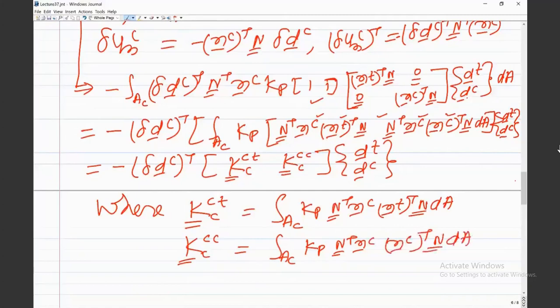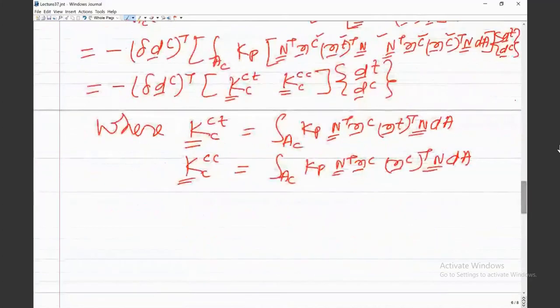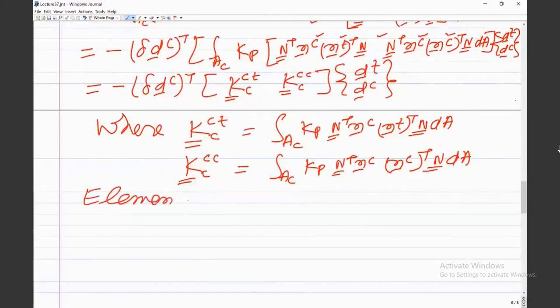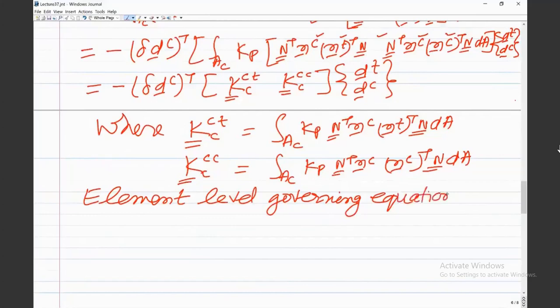Now that we have defined this, you can write the element level governing equation. Now we are writing for the contactor.